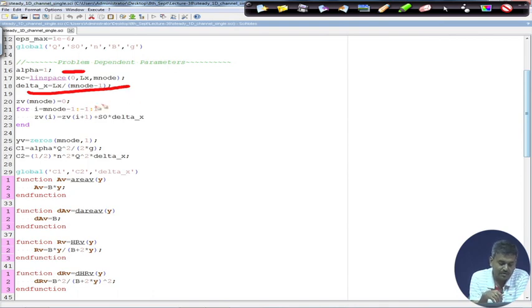Now, z value is 0, I have considered that at the end section from datum, and from there we can just add S naught into delta x to get the z value for other sections. Now, yv which is the variable, this is defined for m node, that means NL plus 1 number of nodes.